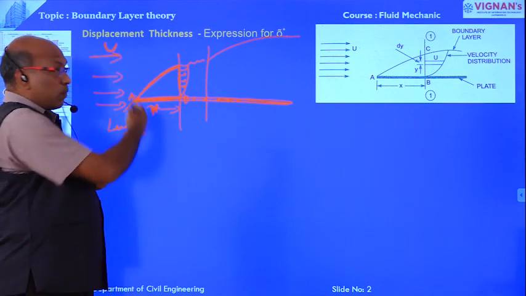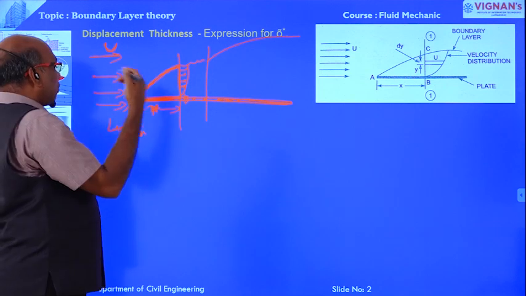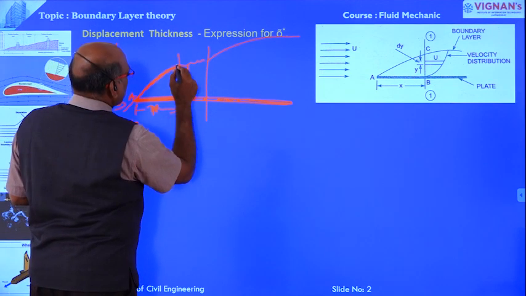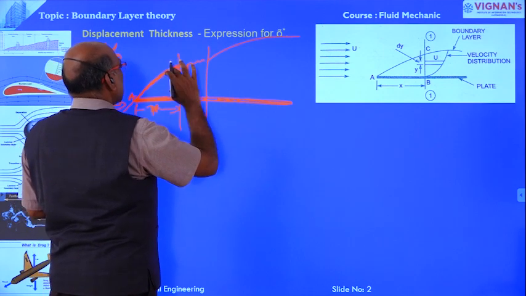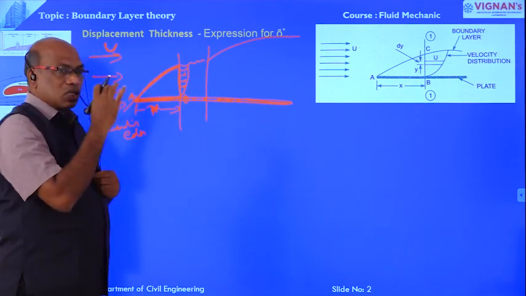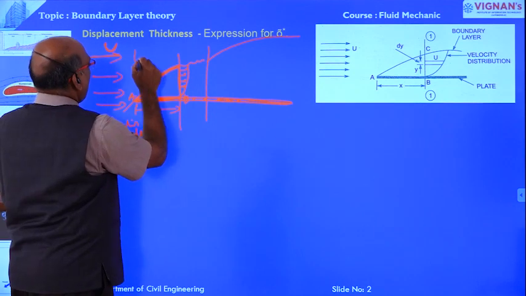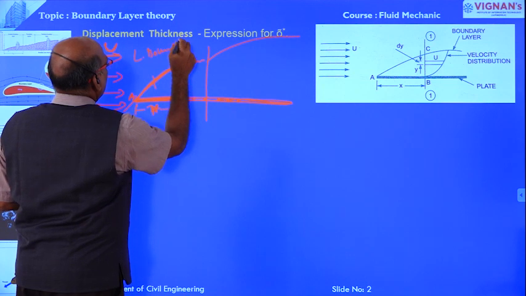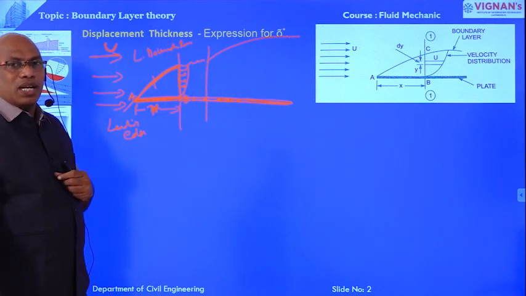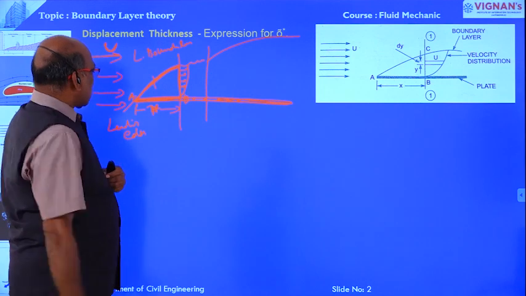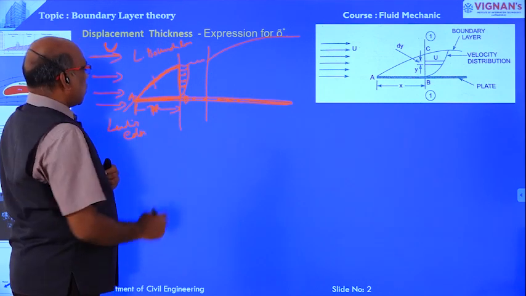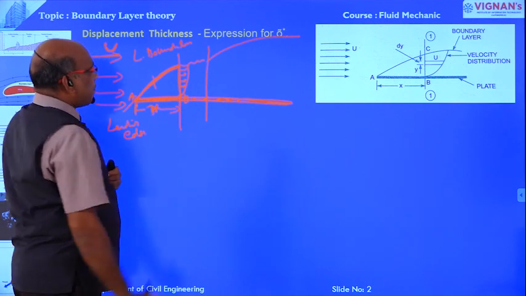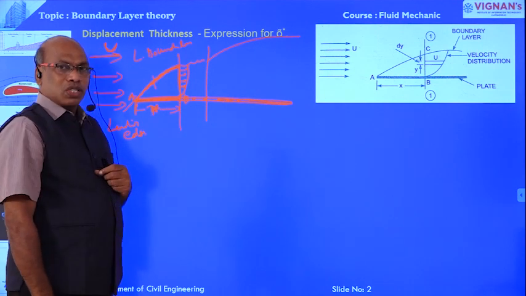This zone is known as the laminar boundary layer. The distance from the leading edge to point B is known as the laminar zone.